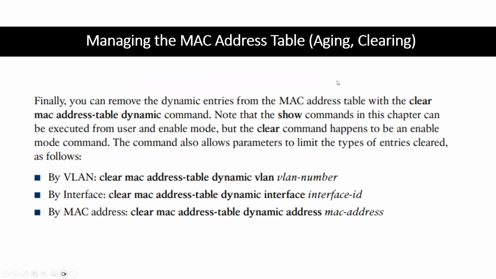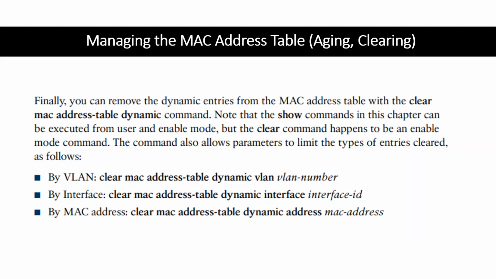Okay. So last but not least, let's say we have the MAC address table, but we want to just wipe the MAC address table out, for whatever reason, as far as it has to do with troubleshooting, et cetera. You can remove it by VLAN, by interface, or by MAC address.